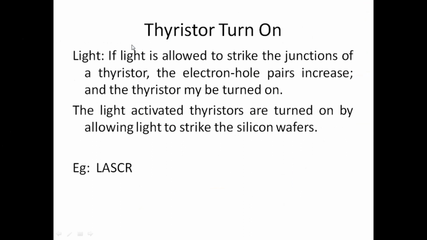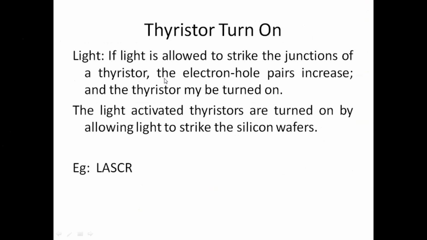So if light is allowed to strike the junction of a thyristor, then what happens? We studied what light is. Light consists of photons, correct? We can say that it is made up of photons, so they are all energy packets.